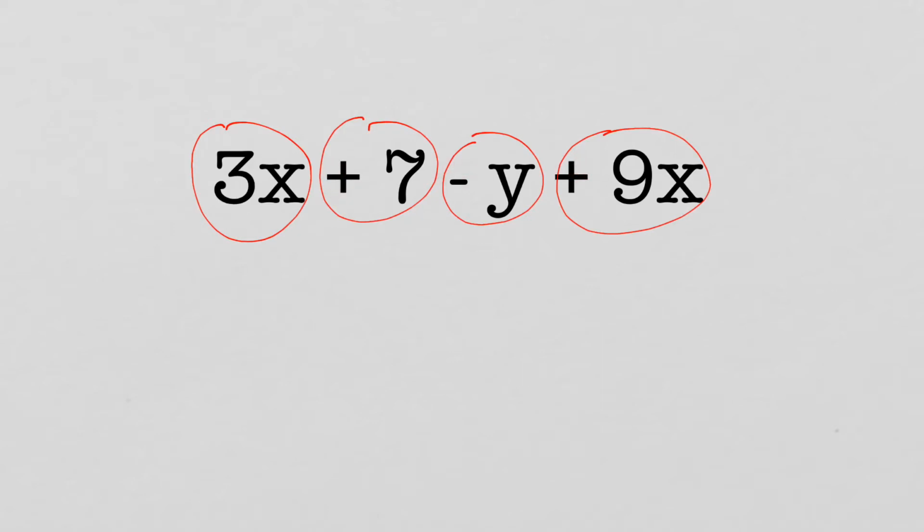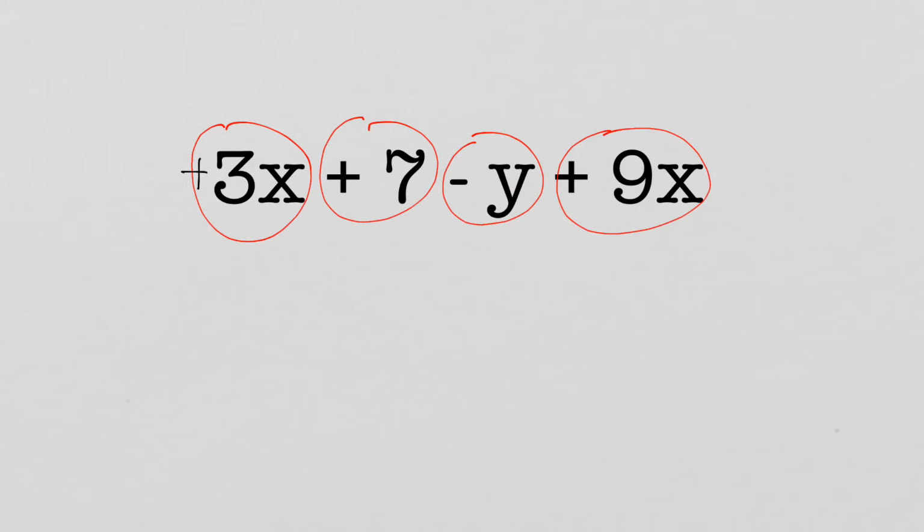Now you may be noticing that the first term does not have one of those. That is because it is the first term and it's positive. Anytime it's positive, we just don't write that sign. So you can think of that as plus 3x if you want. So our terms here are plus 3x, plus 7, minus y, and plus 9x.